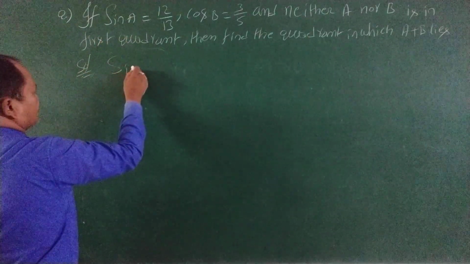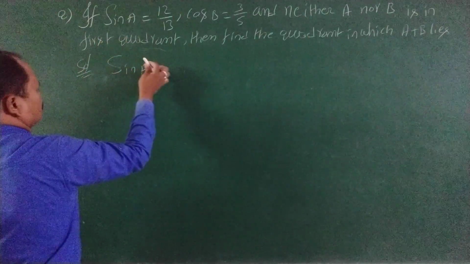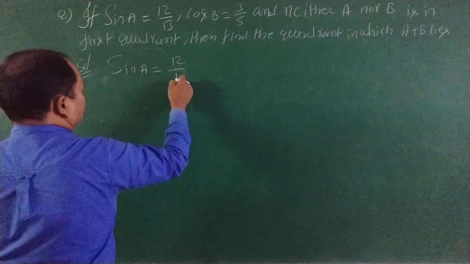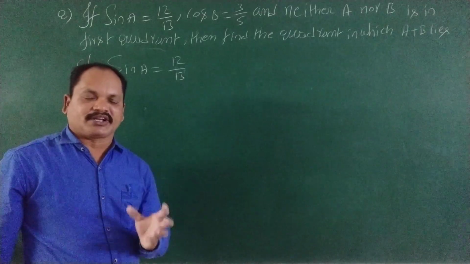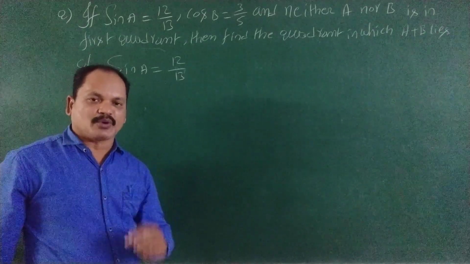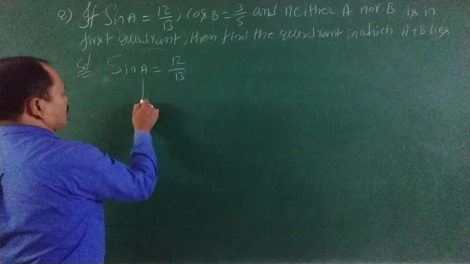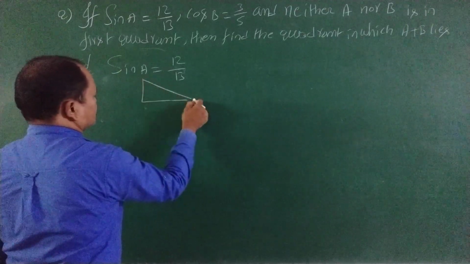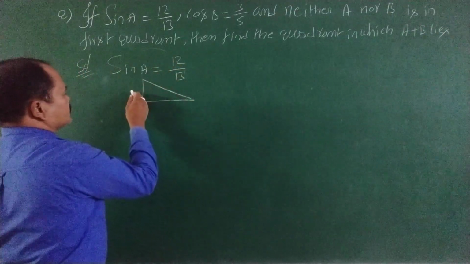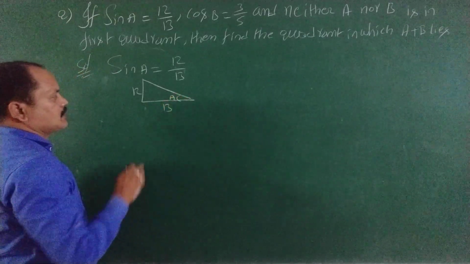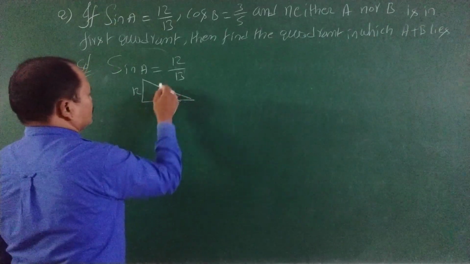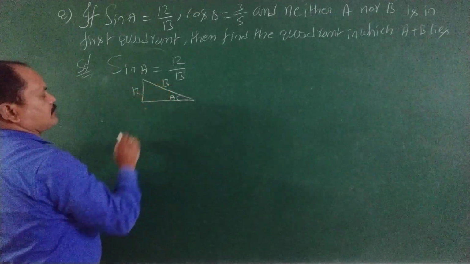Given sin A is equal to 12/13. According to the trigonometric ratios, it is opposite side by hypotenuse. Now we have to draw a diagram. It is 12, it is 13, and suppose this is A. Opposite side by hypotenuse.